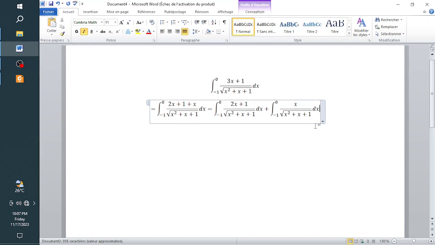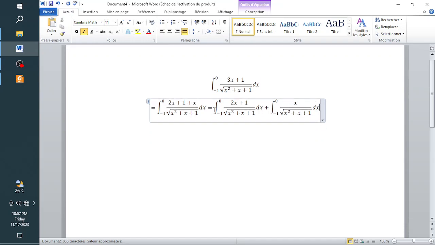Now let us see. The first part is very easy to integrate, because if you differentiate the expression under the root, you simply get what is in the numerator. So it helps us with what to substitute, a u substitution. I'm going to say that this is equal to I1 plus I2.